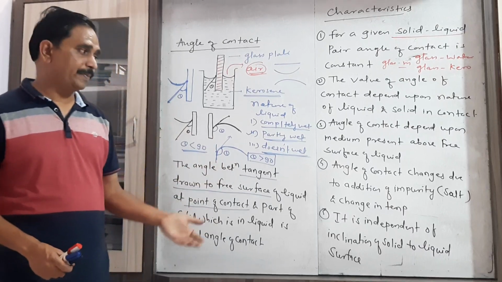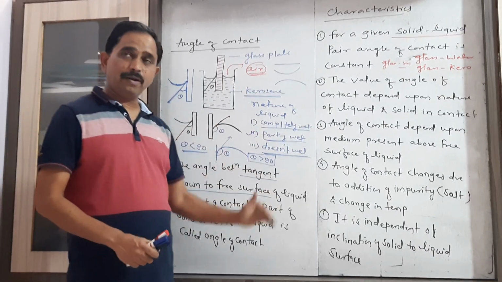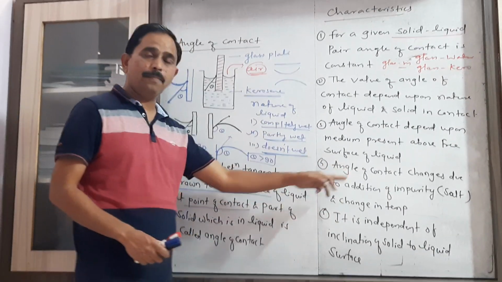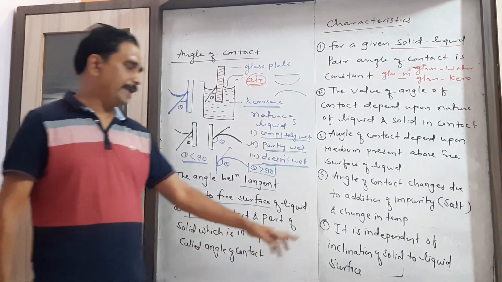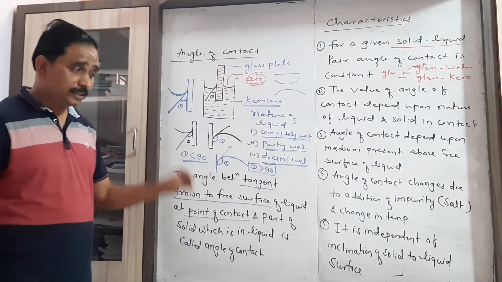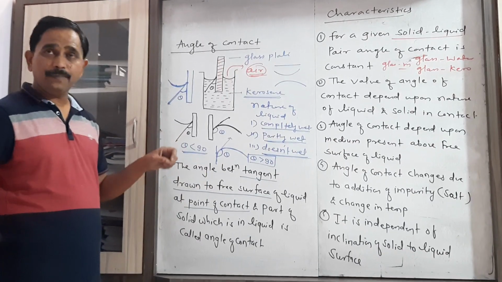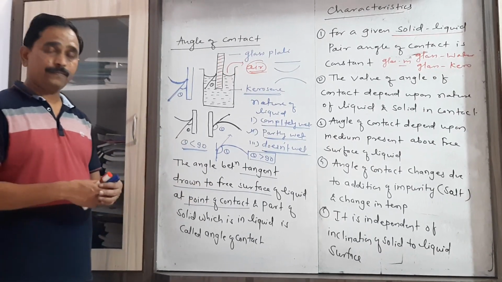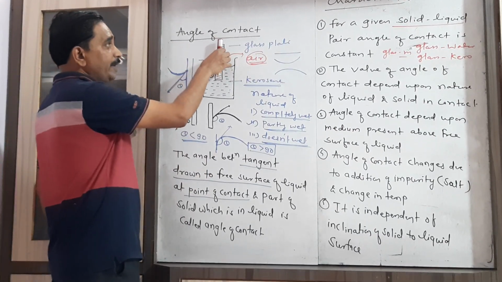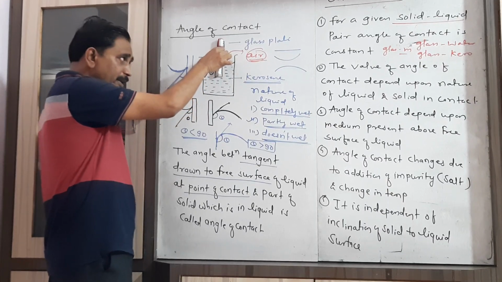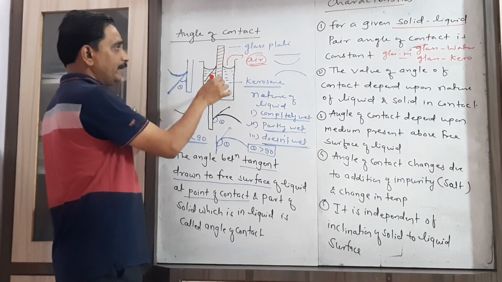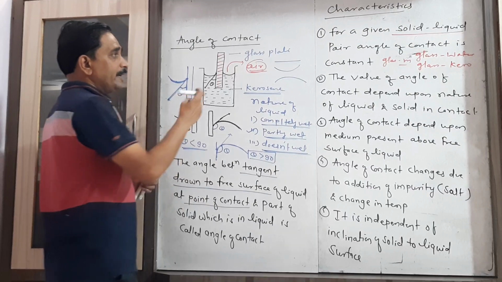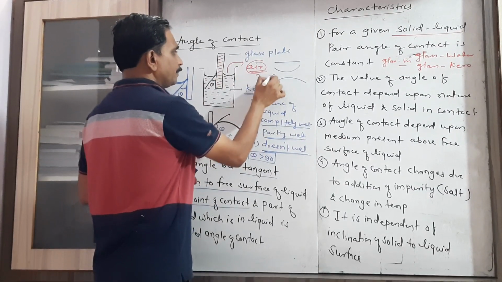And change in temperature is also one factor which changes the value of angle of contact. And the last one is the factor it is independent of. That is how we insert this solid in a liquid, exactly in a vertical position or in an inclined position.